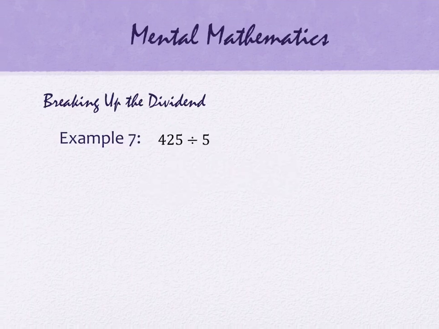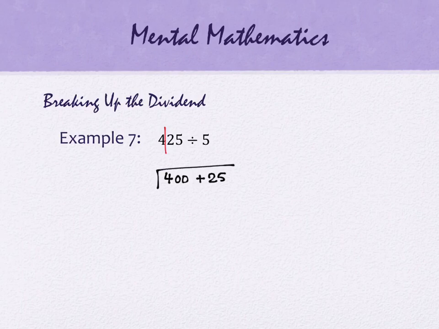Sometimes you can break up the dividend, but it's not as obvious, right? Like if I throw in here a bar right here, 25 looks really great, but 4 doesn't really. But 4 really means 400. You got it. So that's exactly what we want to recognize, is that sometimes there really is the ability to divide something once we put it into the place value that it's in. So how many times does 5 go into not 4, but 40? 8.